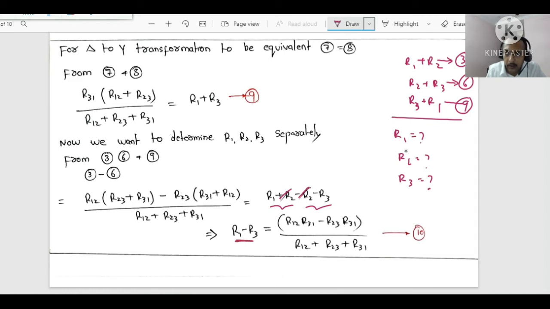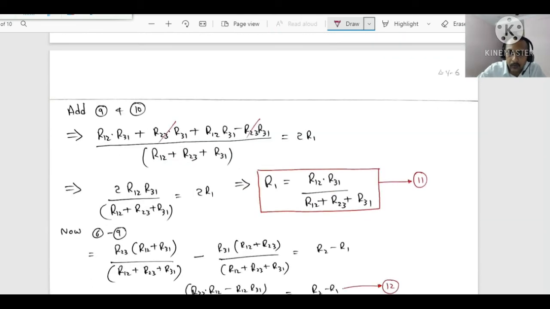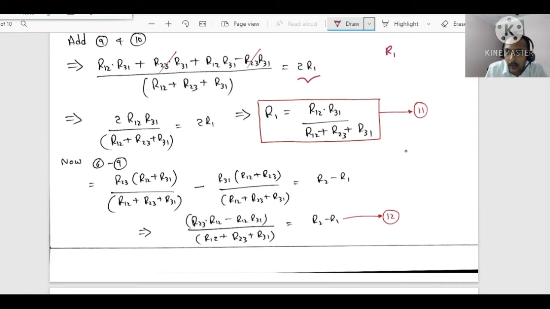But we want R1 and R3 separately. What we can do? We can add this R1 minus R3 with 9, by adding 9 and 10. What we will get? 2 times R1. Why? Because one is R1 minus R3 we got, the other one is R1 plus R3. We are adding these two.